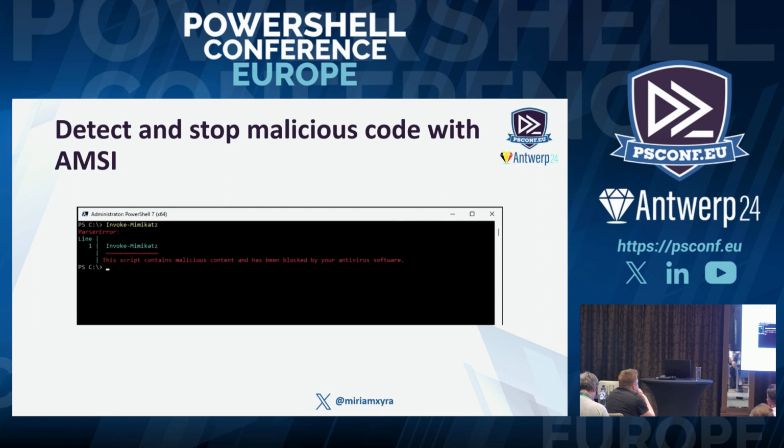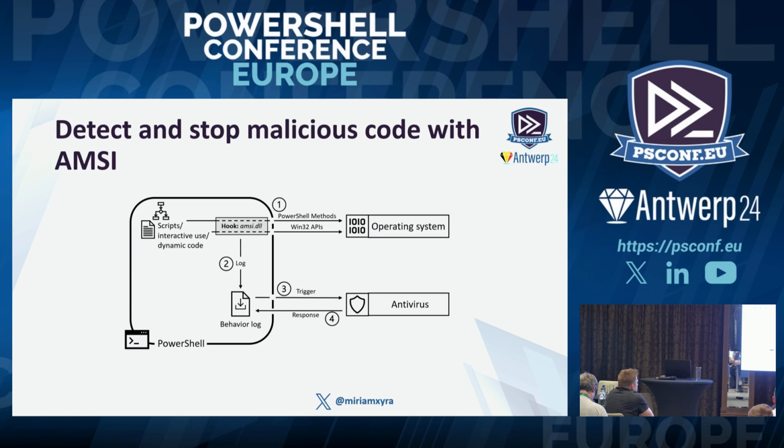So I use good old Invoke-Mimikatz, and if real-time protection is enabled, so I'm talking Defender-wise, and if you have another AV in place, of course, if it is enabled in there as well, then you see that the script is blocked because it contains malicious content. And AMSI, there was also another great session on AMSI. AMSI works in that it hooks between the program, in this case PowerShell, that executes the code, and the operating system.